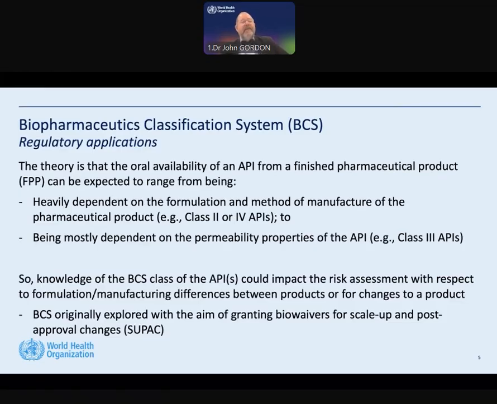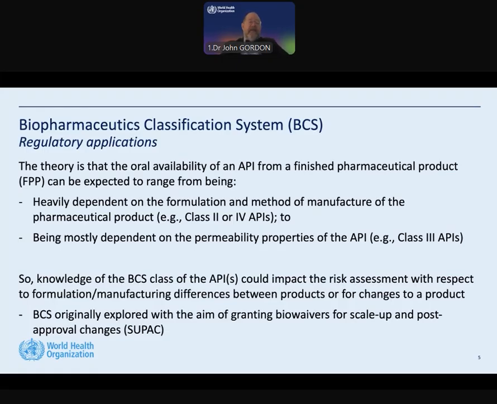So with respect to the regulatory applications, the theory is that the oral availability of an API from a finished pharmaceutical product, or FPP, can be expected to range from heavily dependent on the formulation and method of manufacture of the FPP. For example, for class 2 or class 4 APIs, so low solubility APIs, the formulation and the method of manufacture can play a very important role in the delivery of those APIs to the systemic circulation from a product.